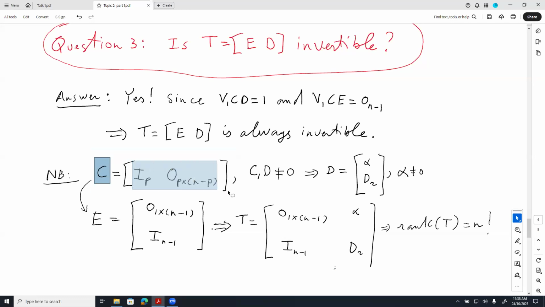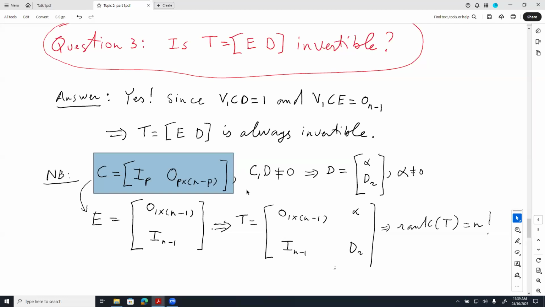And this is called canonical form. By the way, we can always transform the system into this special canonical form by a very simple matrix transformation.